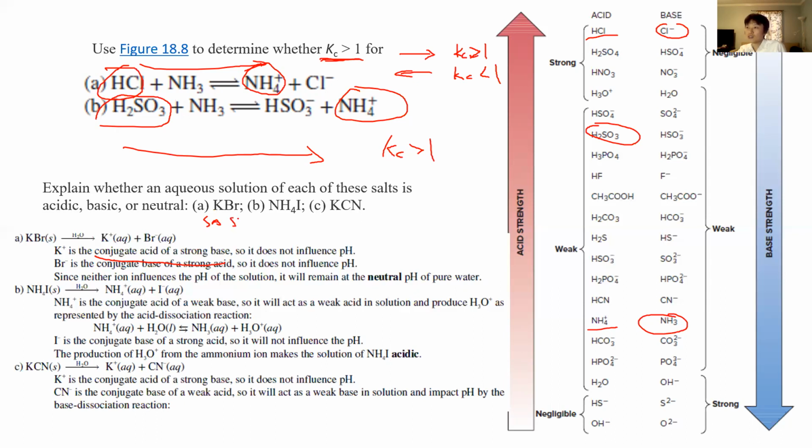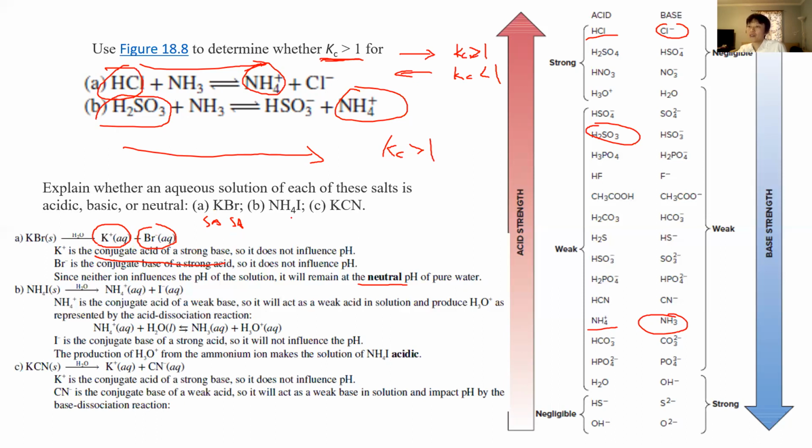When they're both strong, the solution is going to be neutral. The reason is that none of these ions, when they dissolve in water, is going to react with water, so the solution will remain neutral.